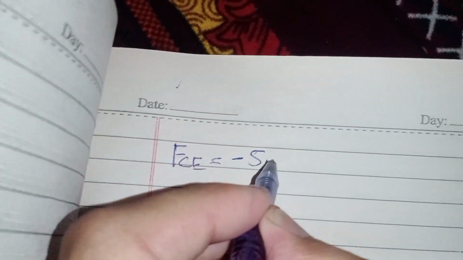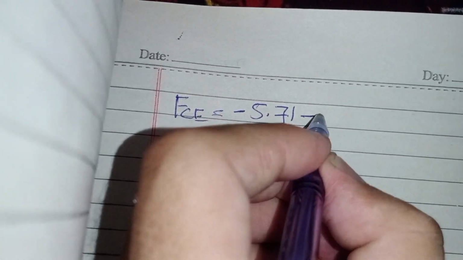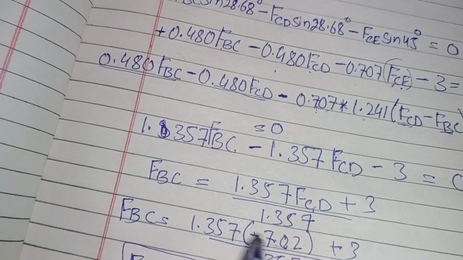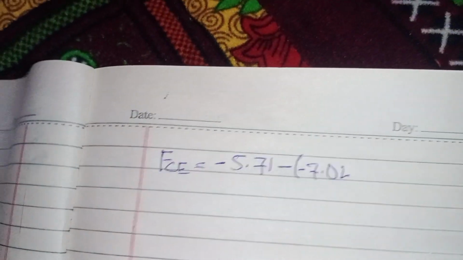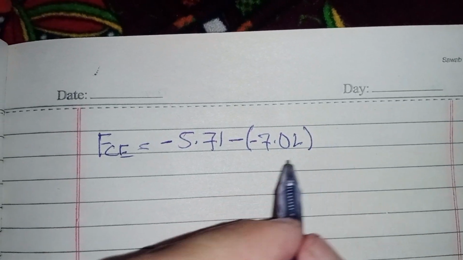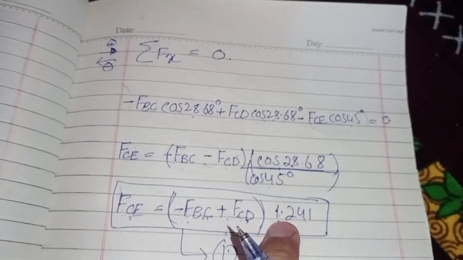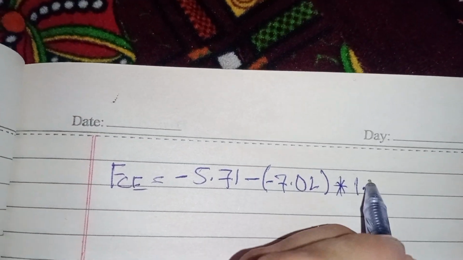And what is the value of F_CD? The value of F_CD is negative 7.02, multiplied by 1.241.